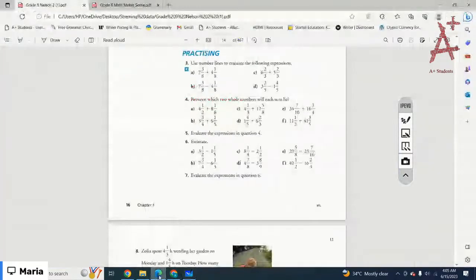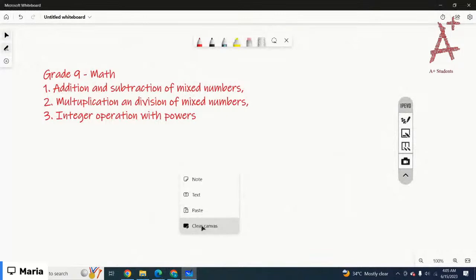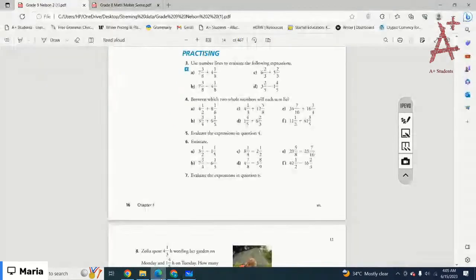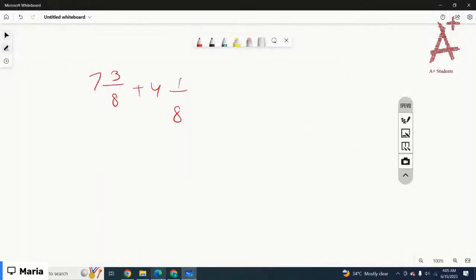Seven whole 3 over 8 plus 4 whole 1 over 8. Got it? You have to add these two mixed numbers. First of all, they have like denominators, so you add whole number to whole number and fraction to fraction.